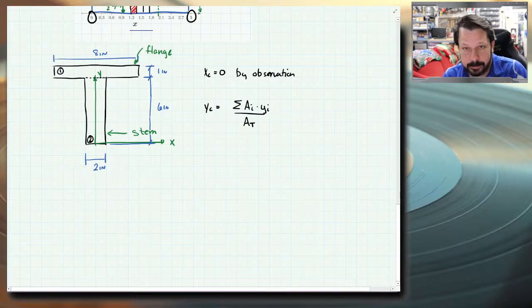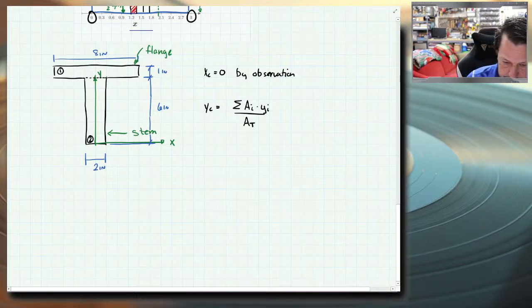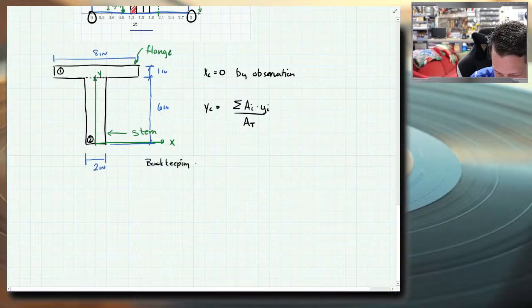Those two pieces are enough to create this T shape. My bookkeeping method would look like this. I have the parts, part 1 and part 2.